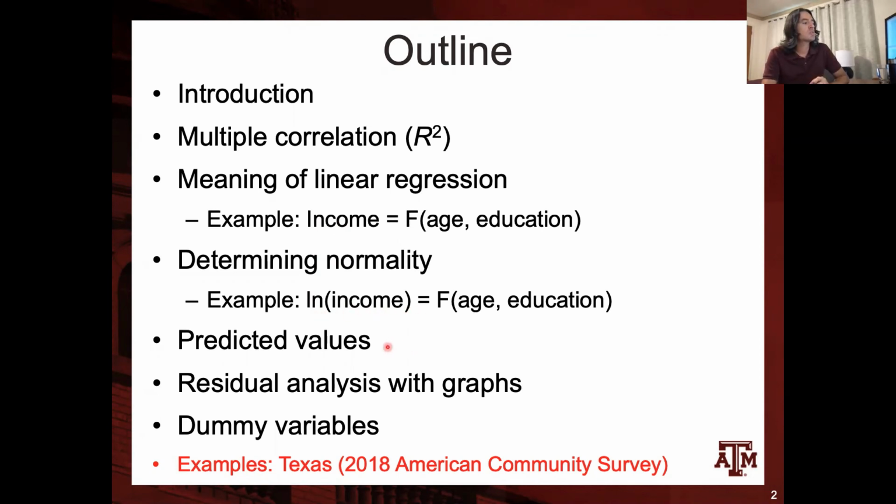Then I show some examples of predicted values, how to use a specific regression to predict values for the dependent variable, and also show you how to do residual analysis with graphs, and how to include dummy variables as independent variables in your analysis. All the examples that I give here today are based on the 2018 American Community Survey and only for the state of Texas.